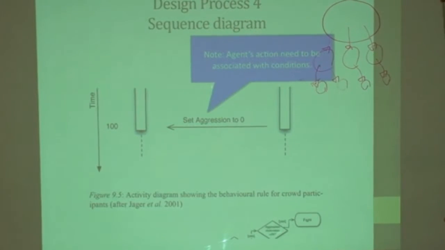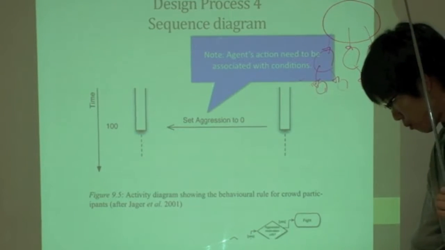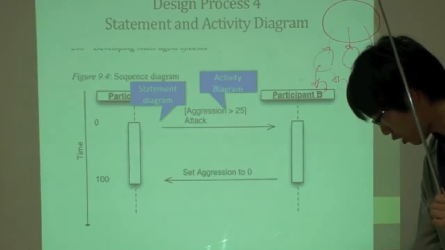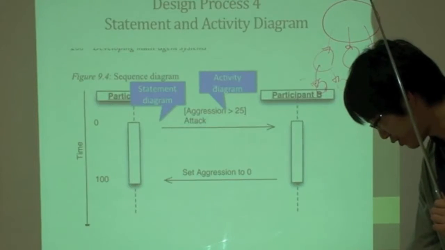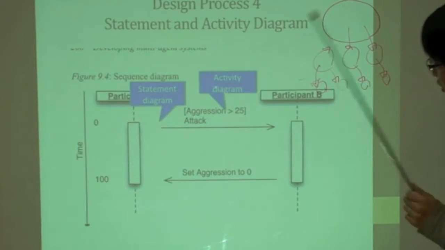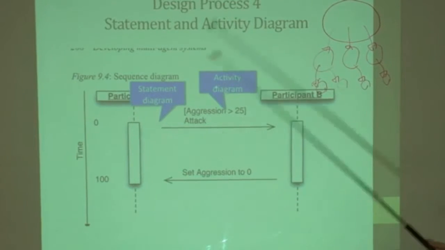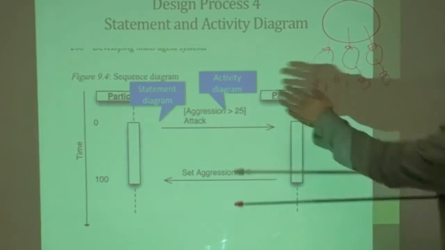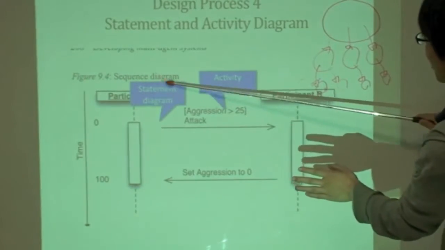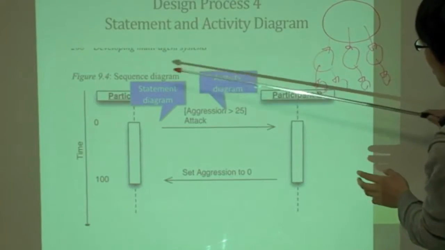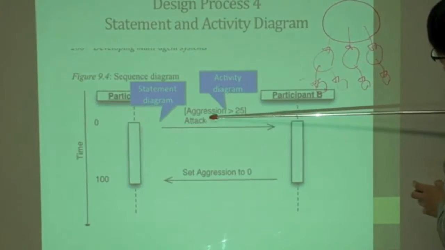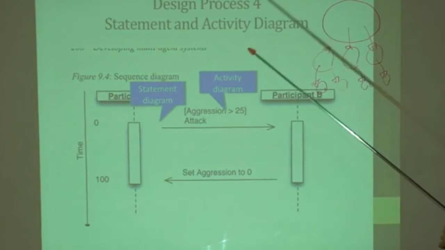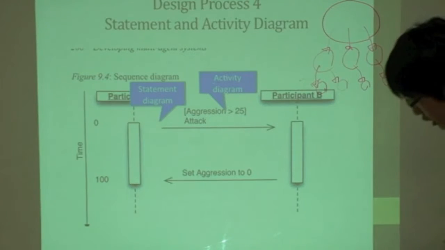This is a sequence diagram. This is the agent, and this is the condition. This is not an activity diagram, it is a statement diagram. And this is the action. And next, I'll explain the statement and activity diagram.